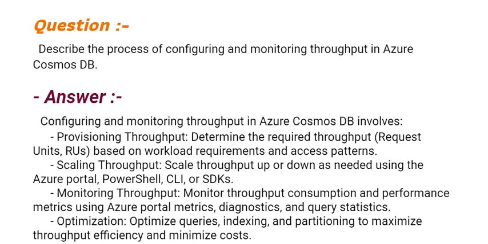Second, scaling throughput: scale throughput up or down as needed using the Azure portal, PowerShell, CLI or SDKs. Third, monitoring throughput: monitor throughput consumption and performance metrics using Azure Portal metrics, diagnostics and query statistics. Fourth, optimization: optimize queries, indexing and partitioning to maximize throughput efficiency and minimize cost.